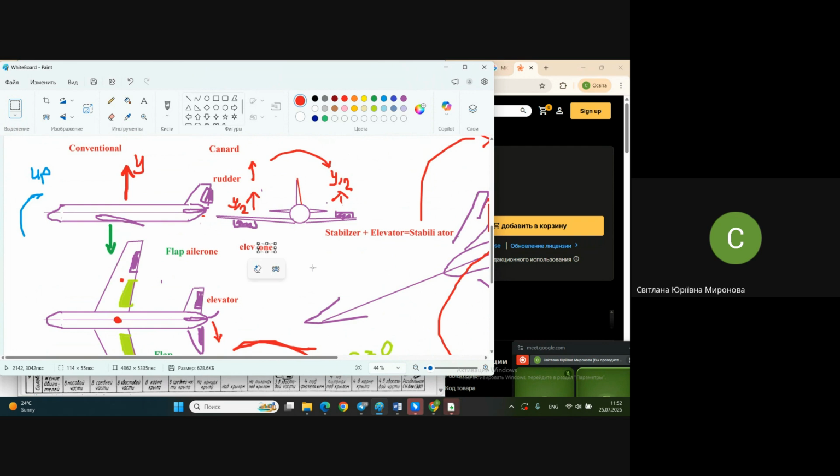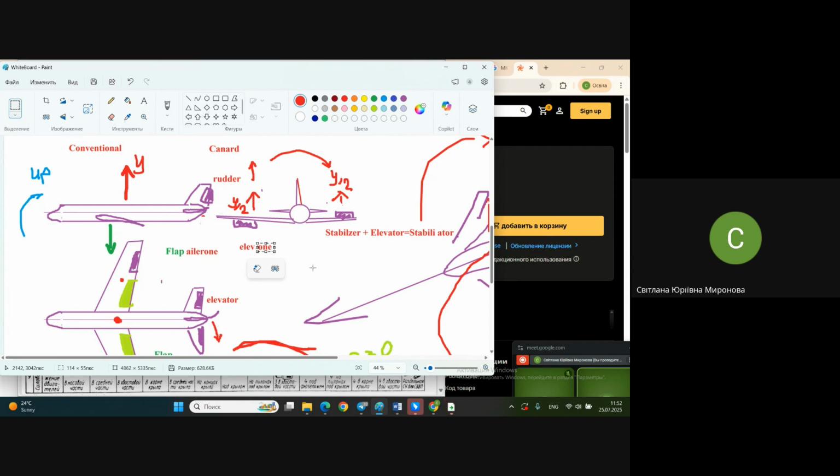You understand, I hope, why I do these tricks with summarizing, removing the words in front of you, so that you may remember these names intuitively. Once again, stabilizer plus elevator merged together is a stabilator. Flap and aileron merged together, the same control surface, fulfill two functions from time to time. Flaperon.